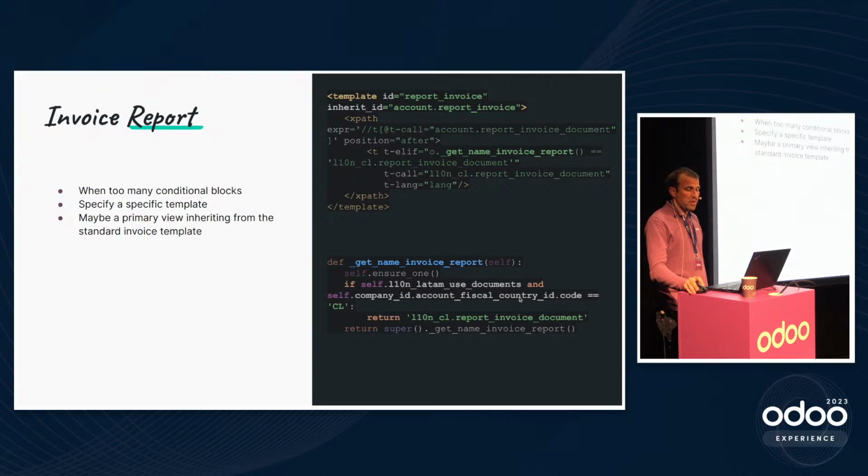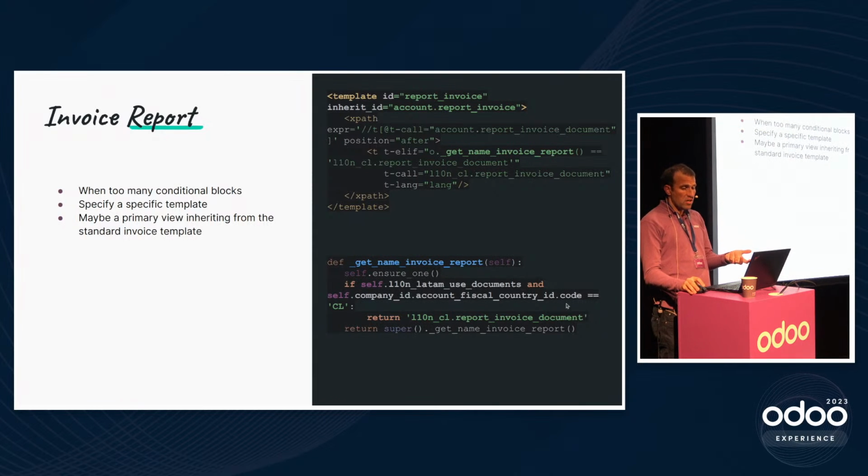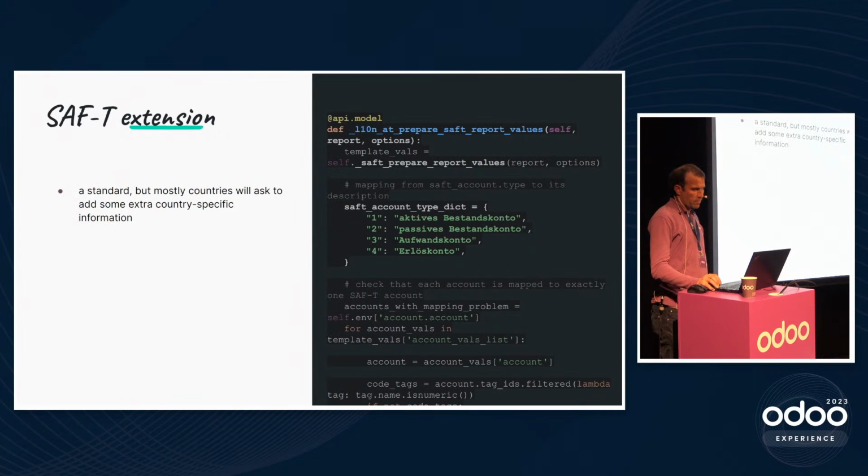And you can even base this report on a primary view. It's even possible to base this report on the existing basic invoice report, and change everything, but it will only be changed for this XML. And that way, if I'm in the case of Chile, I will load this report instead of the regular report. And that way we don't need to extend the report and put conditions everywhere. So that's something you can easily reuse in your localization as well.